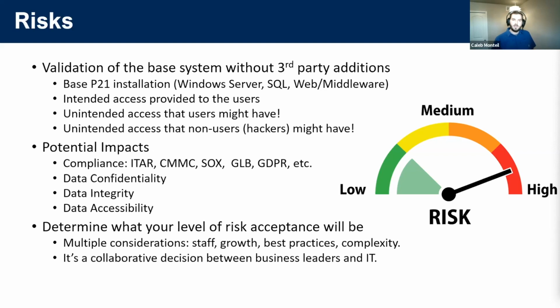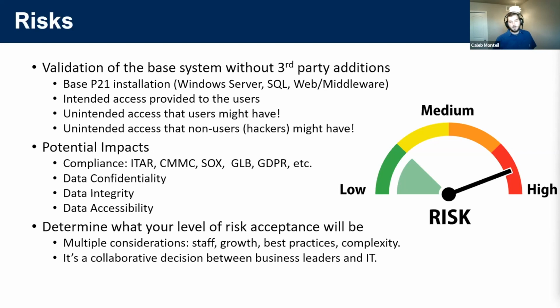This can fall into the hackers or external users, and these are some of the potential impacts as well. A lot of our clients have different compliances they have to meet, and this falls under the CIA perspective as well: confidentiality, integrity, accessibility. These are the risks you have to assess when adding a third-party tool.